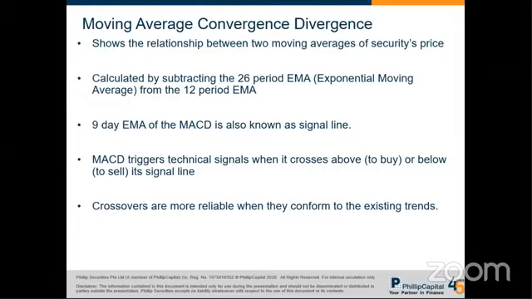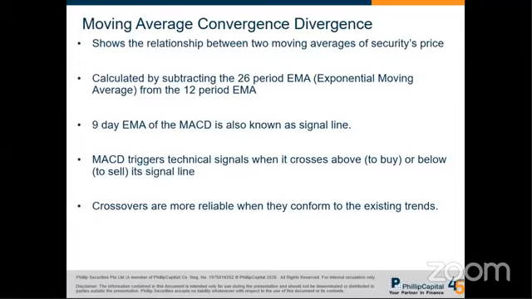Short-term trading maybe 17, 14, or maybe up to 50. So it depends on your trading strategy. MACD is made up of two moving averages, the 26 period and the 12 period. The 9 period is known as the signal. When MACD crosses above or below, it provides a signal to enter a trade.